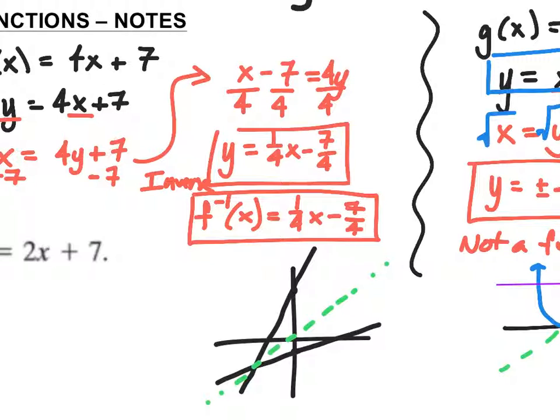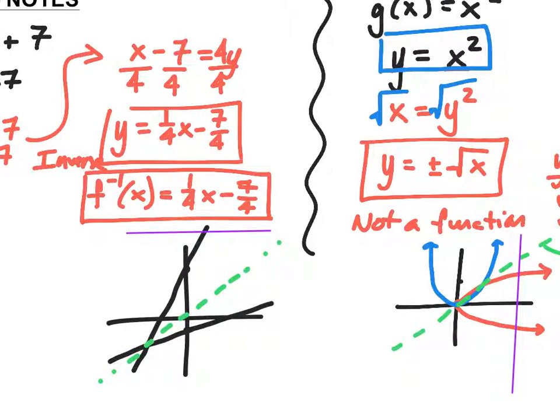But what I know is, if I take my horizontal line here, my original function passes the horizontal line test. Therefore, my inverse of this is also a function. And I can even test that and do the vertical line test to see if that's true.